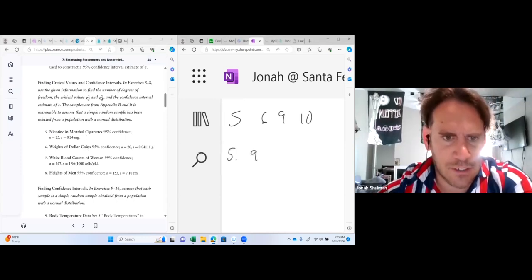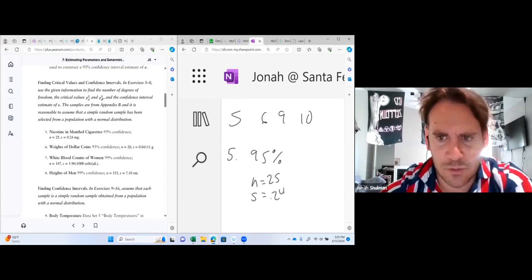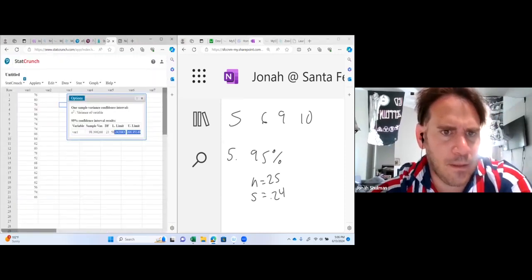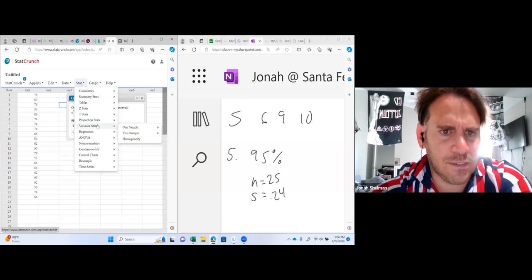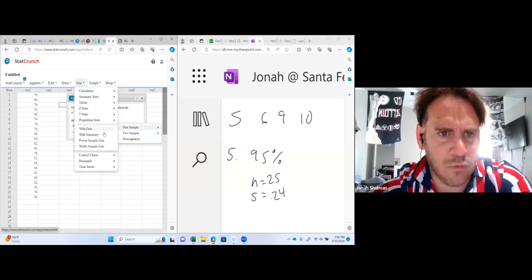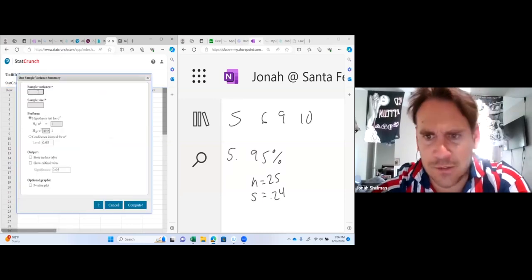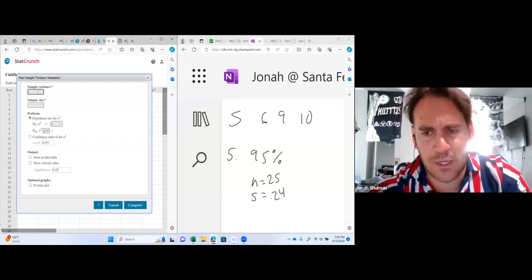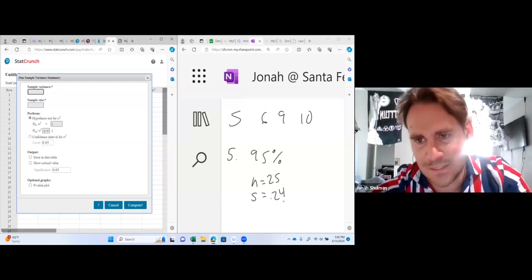Okay, so number 5 is 95% confidence. Our n is 25, and our standard deviation is 0.24. Let's make it happen. So now I want to do Stat, Variance stats, One sample with summary. Our sample variance. Okay, this is the standard deviation.